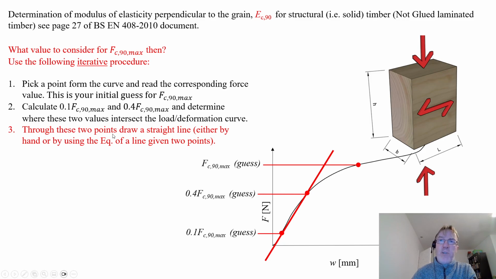Then through these 2 points, we draw a straight line, either by hand or by using the equations given the 2 points.